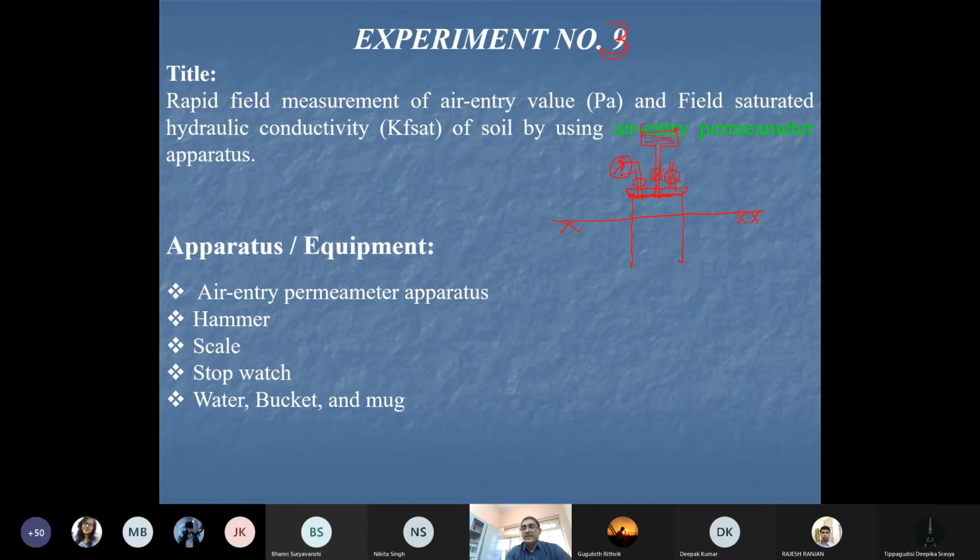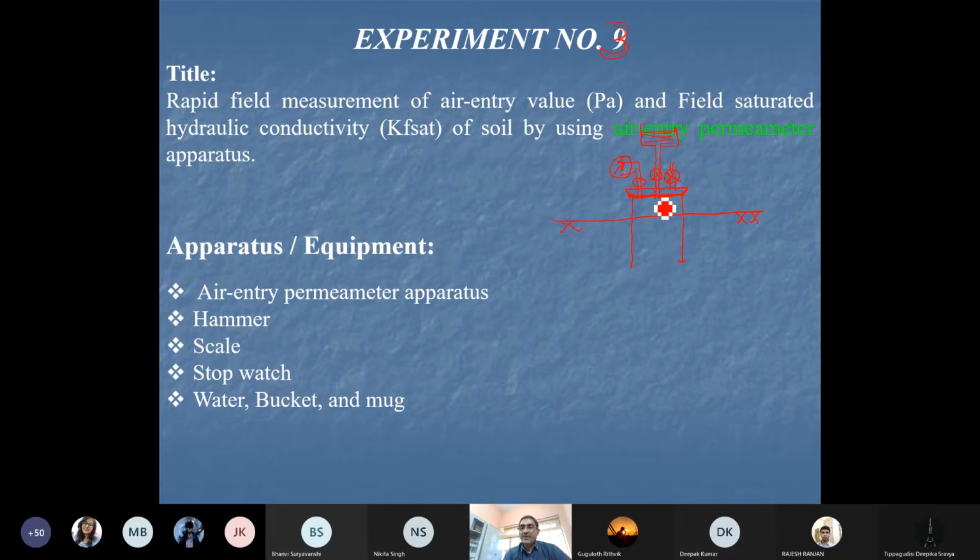If we are supplying water to this cylinder which is sealed from the top, these 3 openings have knobs to close or open. Once this cylinder is inserted inside the soil and sealed from the top with 3 openings, the center opening is the supply of water into this cylinder.